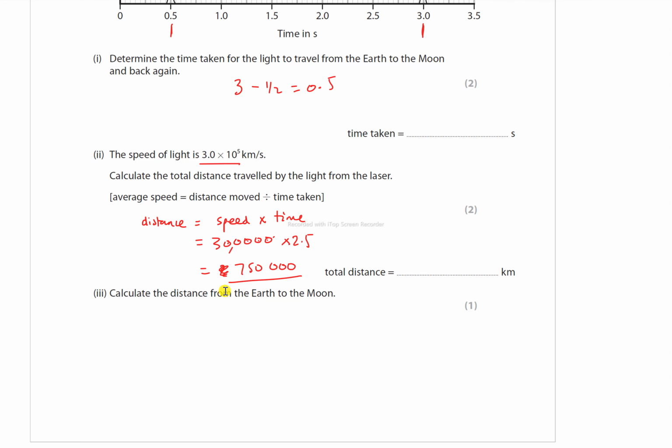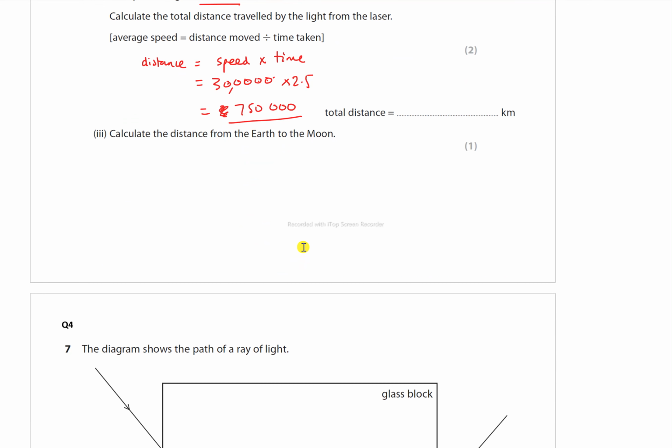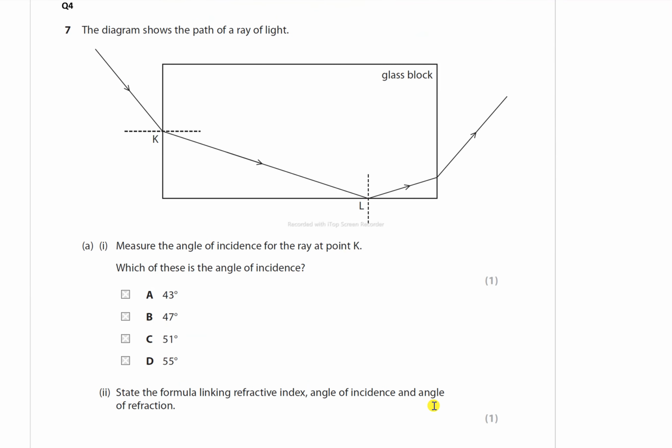Now calculate the distance from the Earth to the Moon. It's half that, because it goes from the laser to the Moon and back. So 750,000 divided by 2 equals 375,000 kilometers. Right, we'll call it quits there. We'll continue on next time.